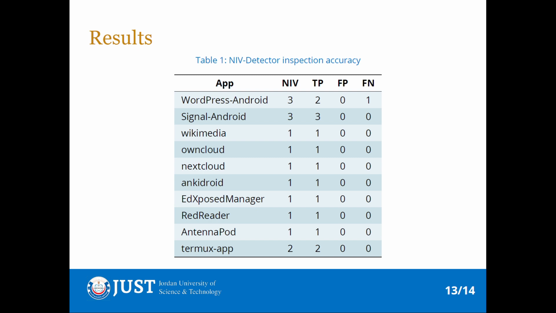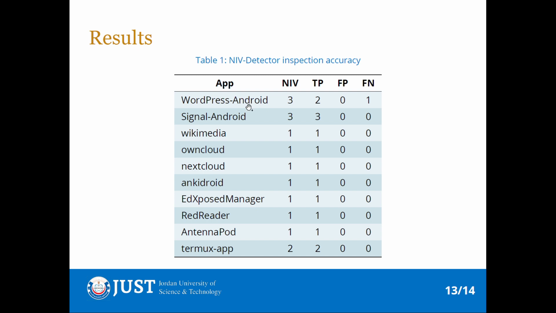From 100 Android applications, we found 10 Android applications that have NIV code smells, and here we show the result in terms of true positives, false positives, and false negatives. Here is the number of NIVs that were inspected manually by an expert Android developer.